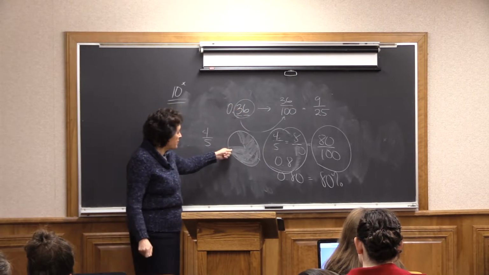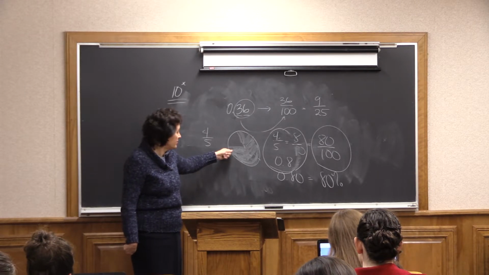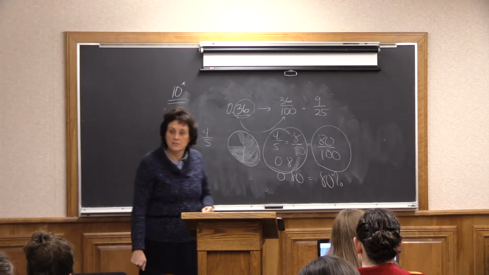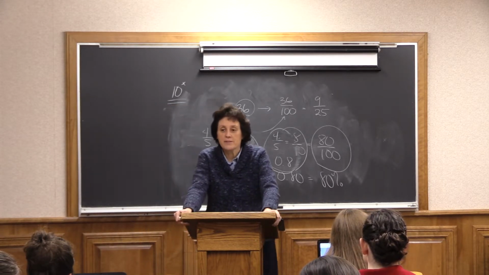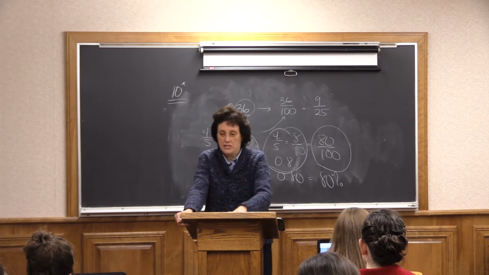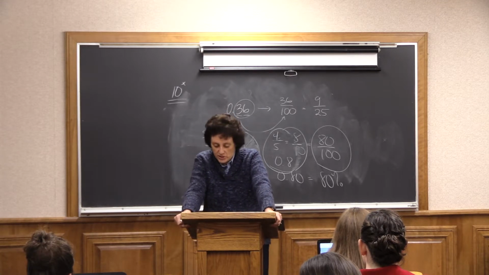So this is 4/5 of the circle, isn't it? It's also 8 tenths of the circle, and it's also 80% of the circle. So all of these types of numbers are not individual, where we do fraction math and we do decimal math and then we do percent math. They're all related to each other.